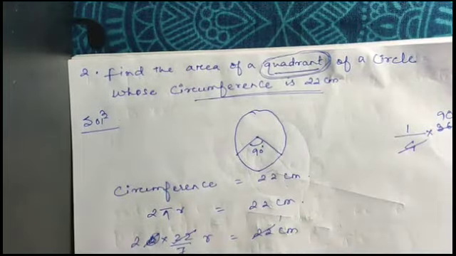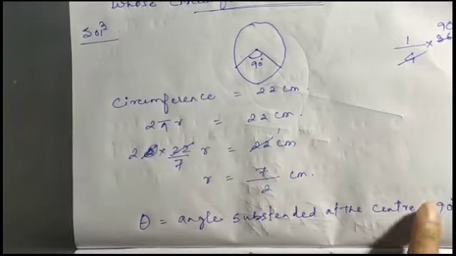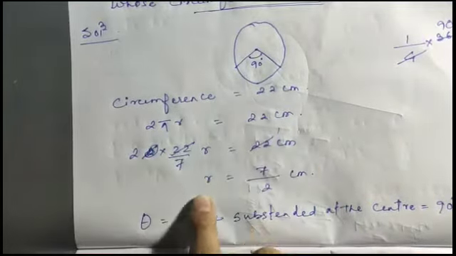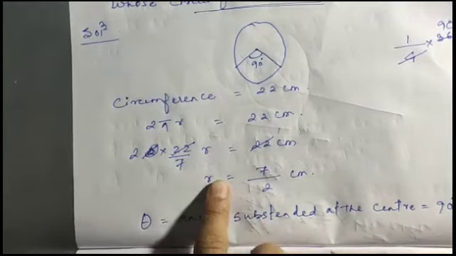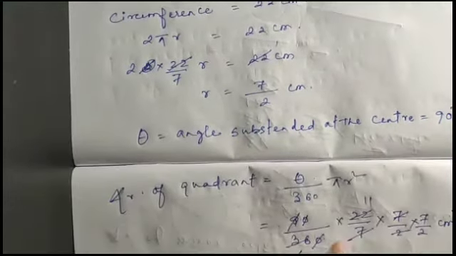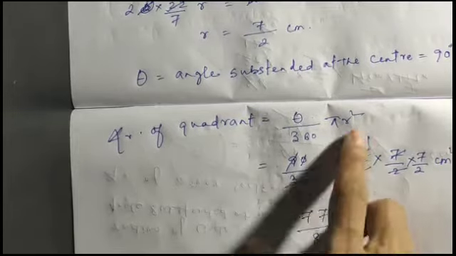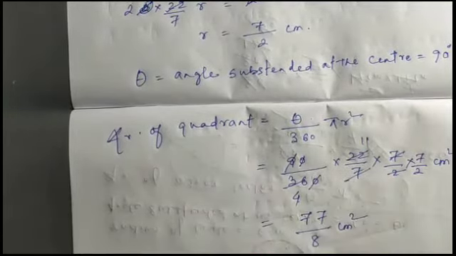Since it's a quadrant, the angle subtended at the center we took as 90 degrees, and from the circumference given, we calculated the radius. With that theta and the radius, we found the area of the quadrant, that is also the minor sector. Okay, by theta by 360 pi r square, same thing.